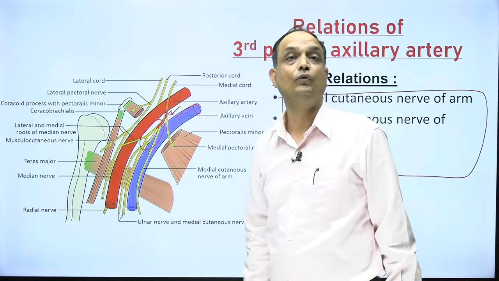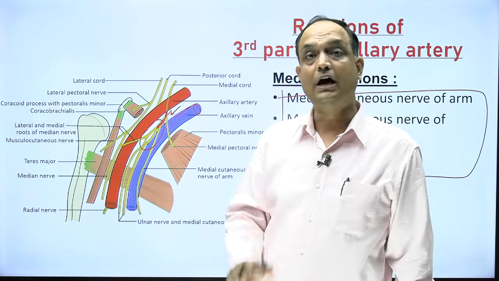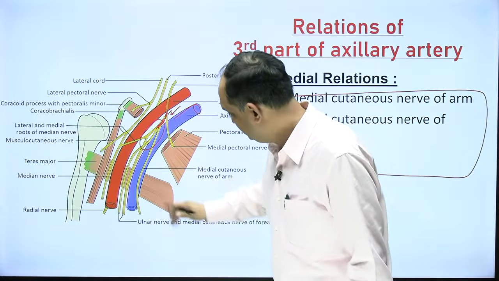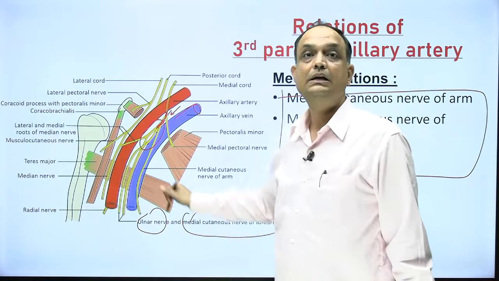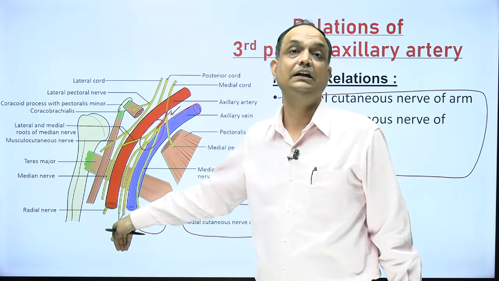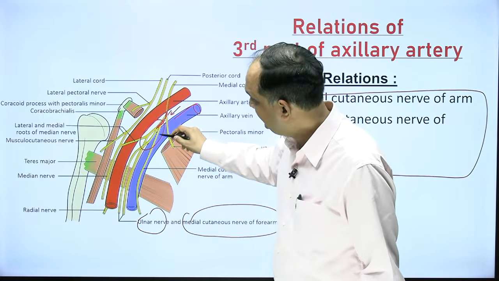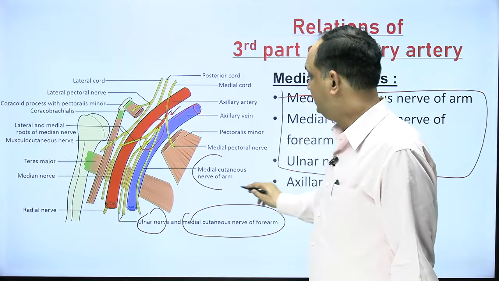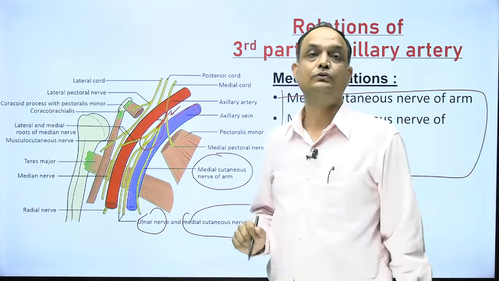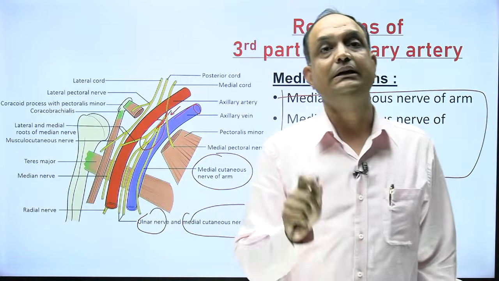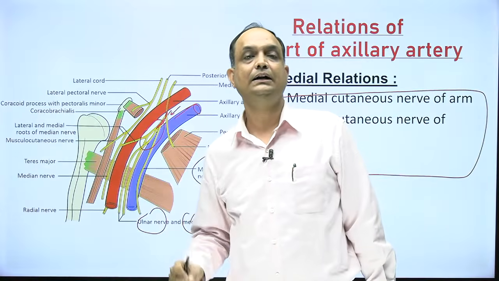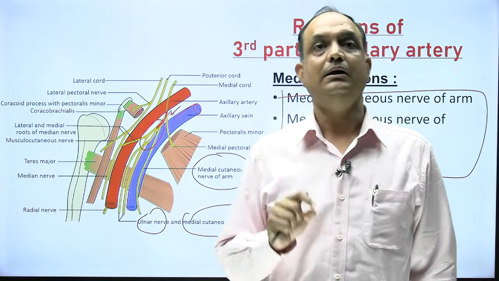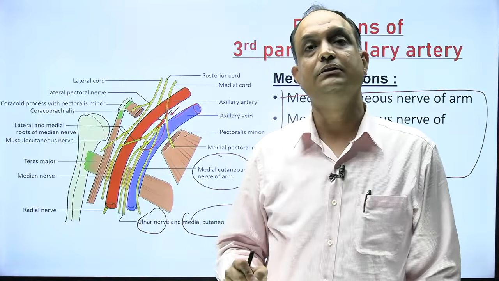But later on what will happen? As you go down, the ulnar nerve and the medial cutaneous nerve of the forearm are still running adjacent to each other, but the medial cutaneous nerve of the arm leaves these two nerves. So, in some books, it is written that two nerves lie between the axillary artery and axillary vein in the axilla: the ulnar nerve and the medial cutaneous nerve of the forearm.